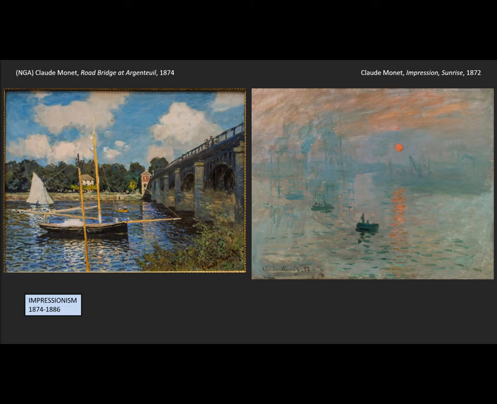So on the right, Impression, Sunrise is the harbor where the Seine River, after it leaves Paris, flows toward the North Sea. And this is in the town of Le Havre. Don't bother to write that down if you don't want to. But it's right where the Seine empties out into the North Sea. As you look through the morning fog, you can see that this is an industrial harbor.